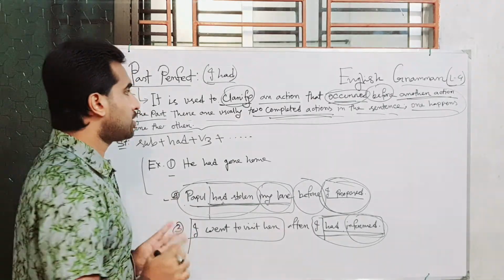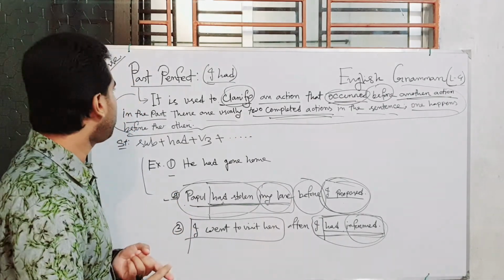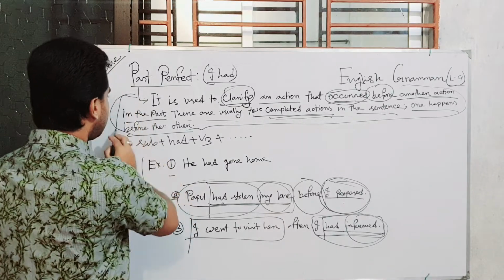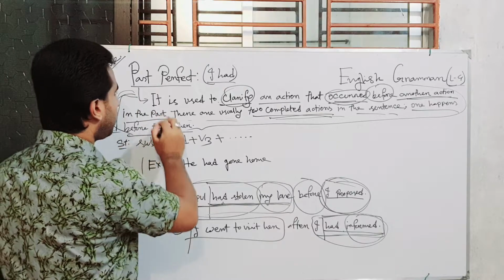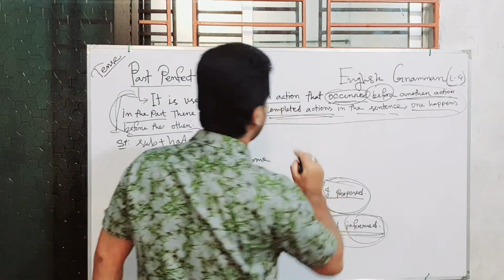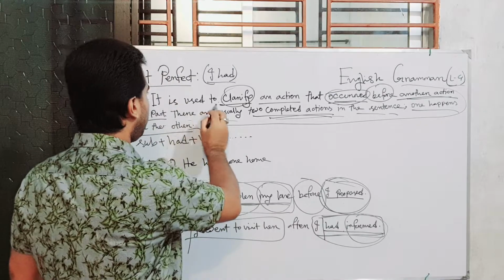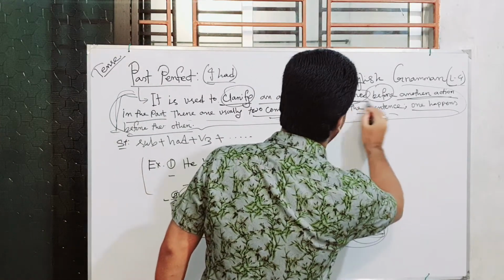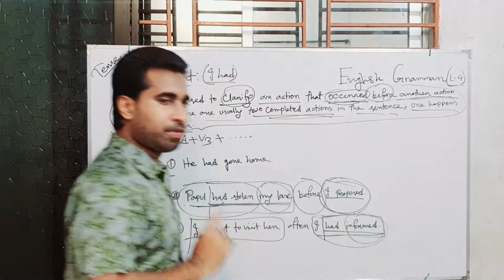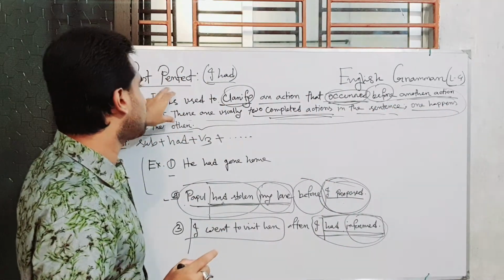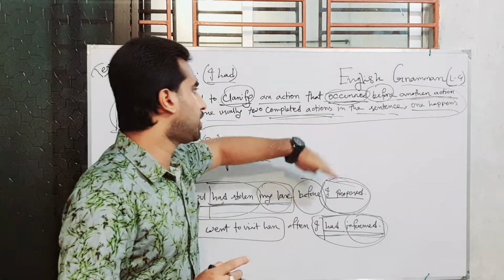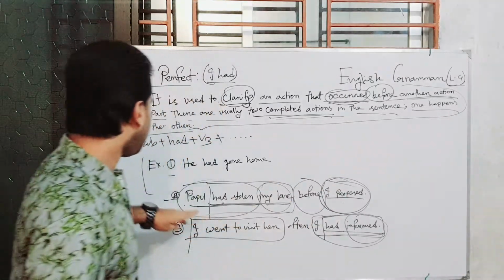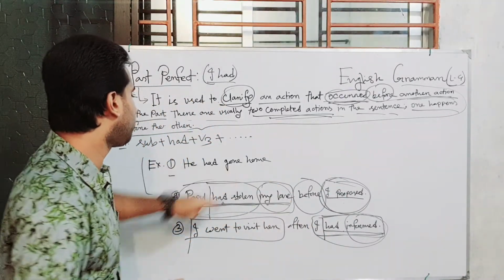So my dear students, if you make a past perfect tense, you must follow this definition. And here the most important thing is that this tense clarifies an action that occurred before another action. I had gone home.